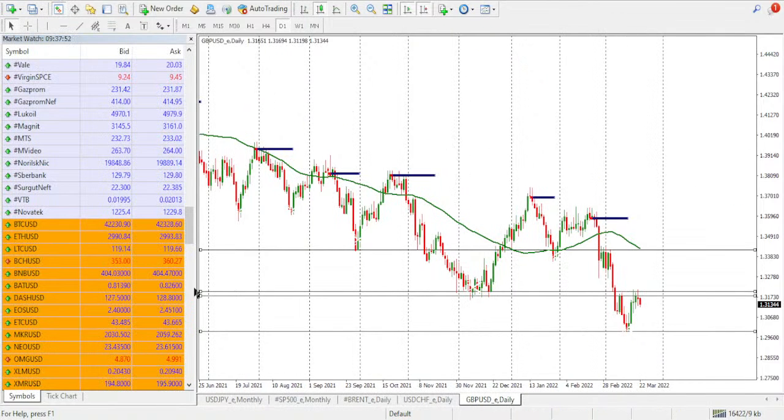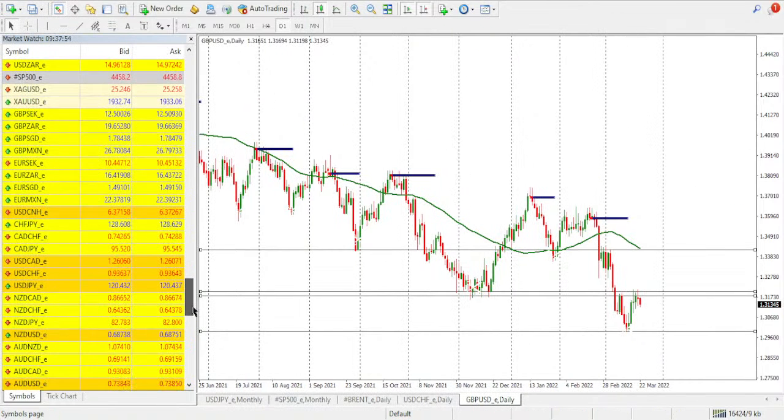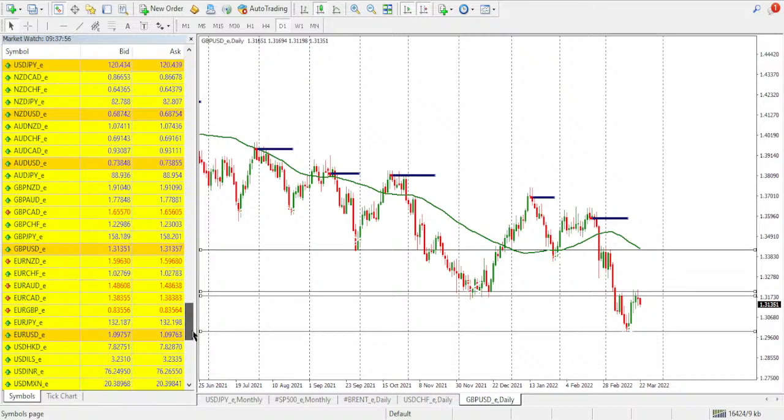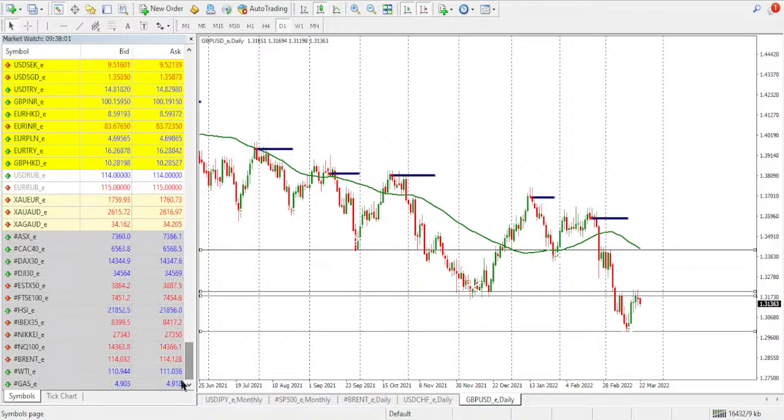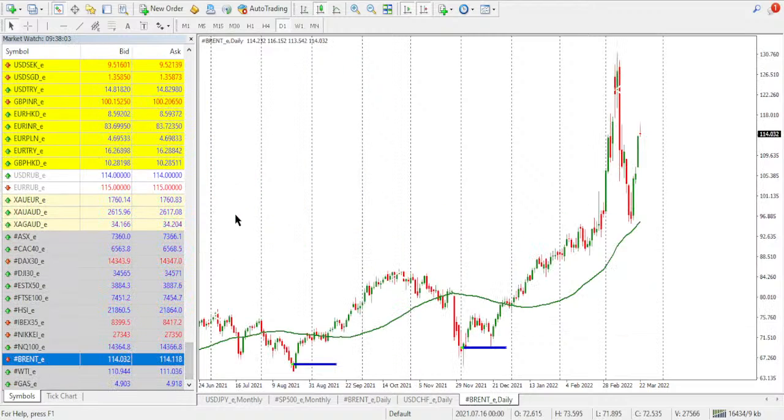The next instrument I want us to look at is the Brent oil. So far the price is heading to the upper side. We are basically buyers, so we are looking forward to the price continuing to the upper side. So if you're on this chart as we're speaking right now, I recommend you keep looking for more buy positions.